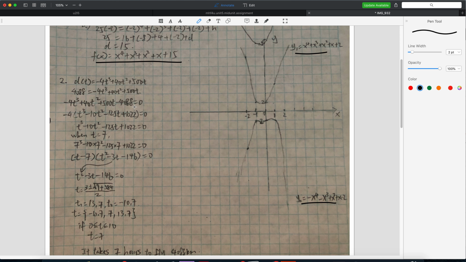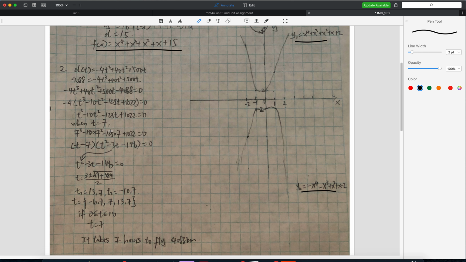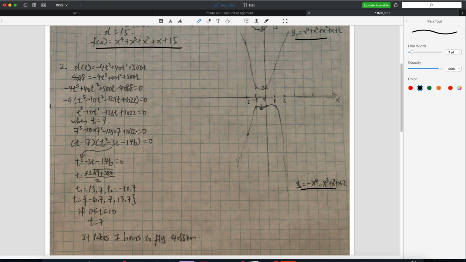To solve the cubic equation, I tried a couple of the numbers from 1 to 7, and 7 works for this equation.